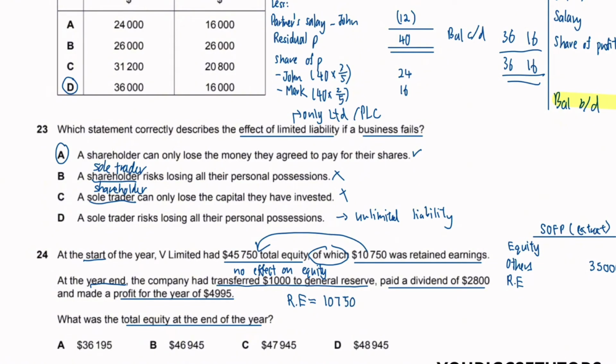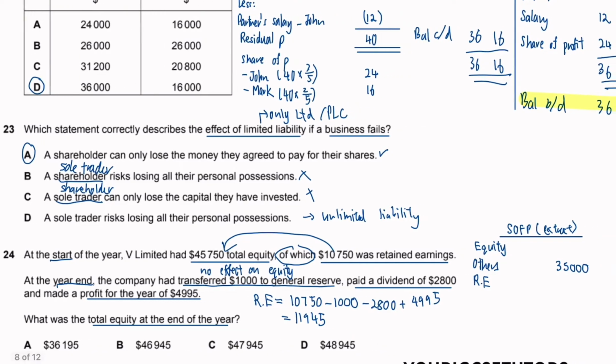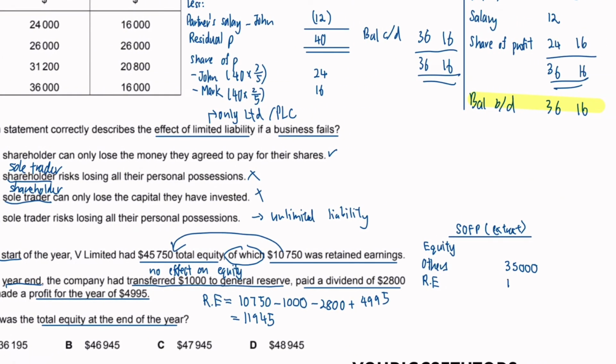First we minus off 1,000 because this is transferred to general reserve. Paid a dividend, so you minus off. Then you made a profit, so you plus. In total, you will get 11,945, because this is the closing balance. So you just post it here, 11,945.